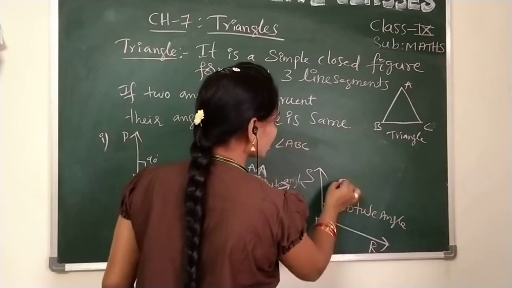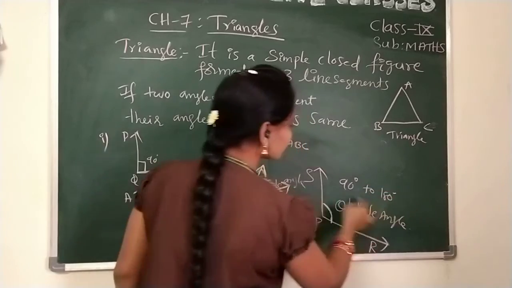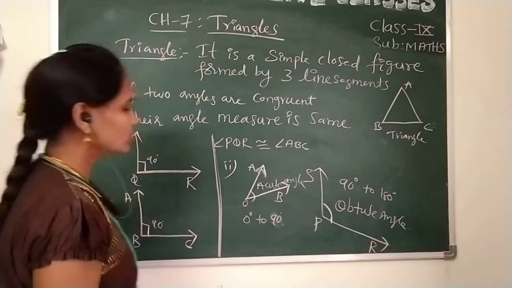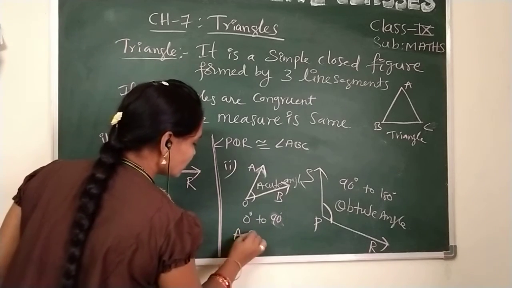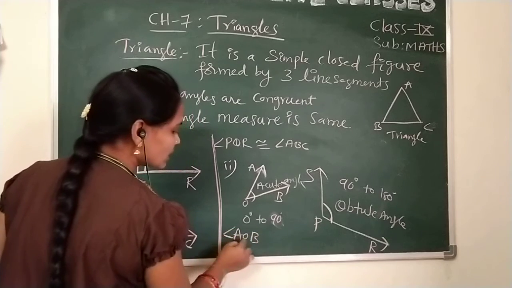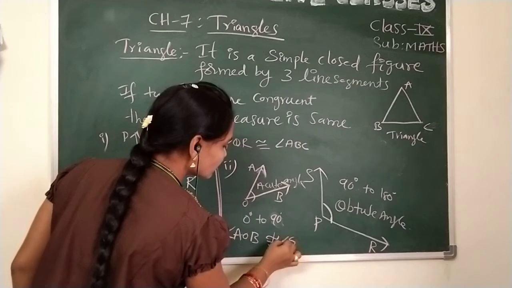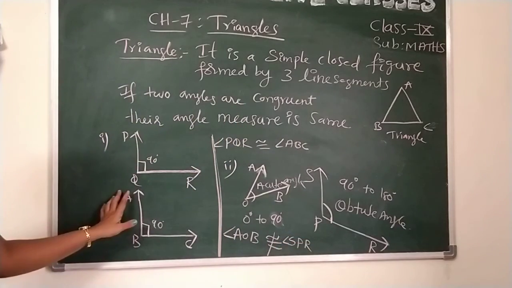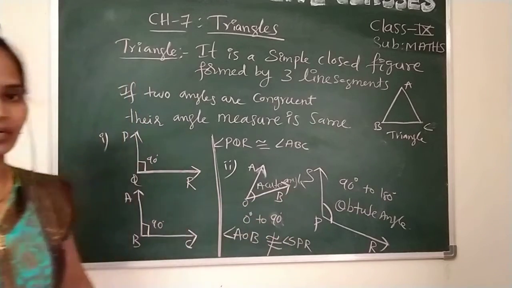Obtuse angle means in the range of 90 to 180 degrees. So those are not equal, so these angles are not congruent. Angle AOB is not congruent to angle SPR.